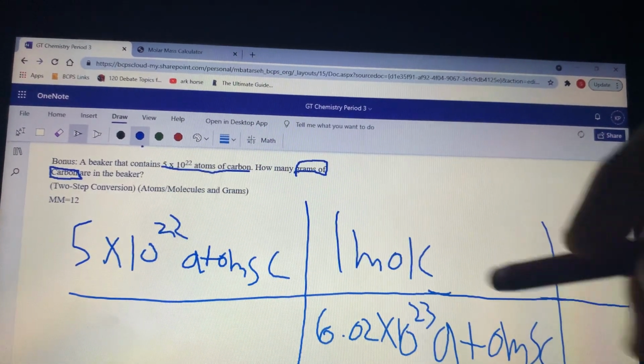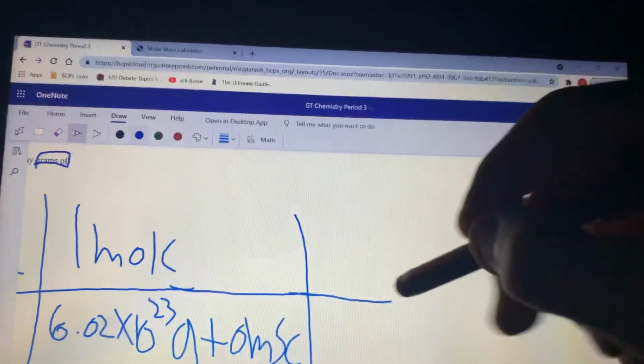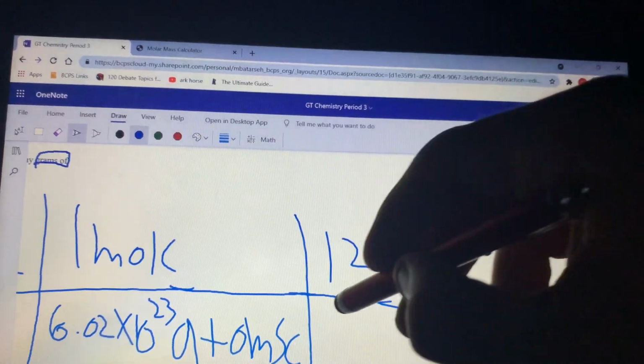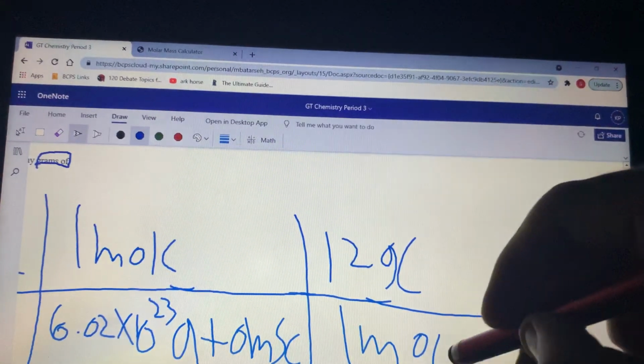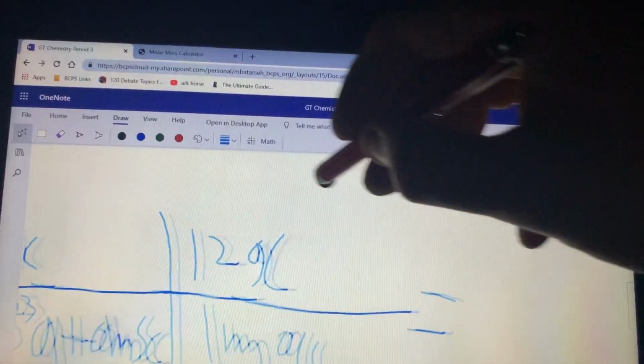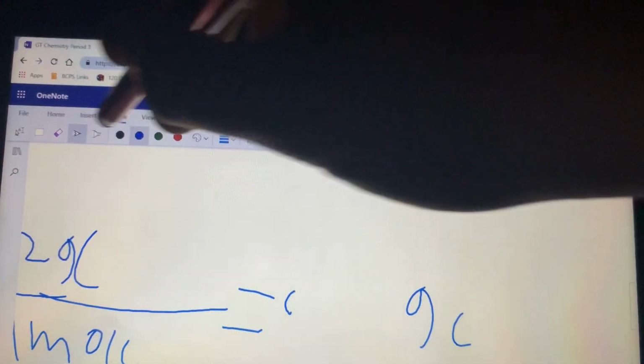Now we know we want grams, so we have to cancel out the moles to get grams. We do 12 grams of carbon per 1 mole of carbon, and equals, we want our final answer to be grams of carbon.